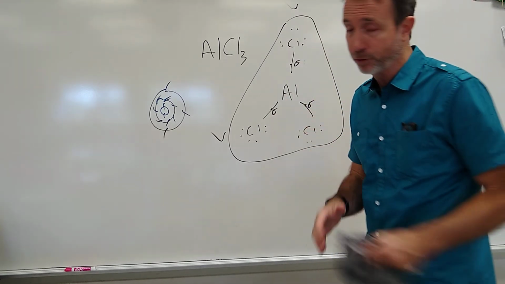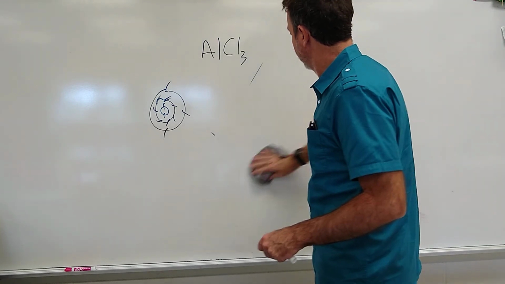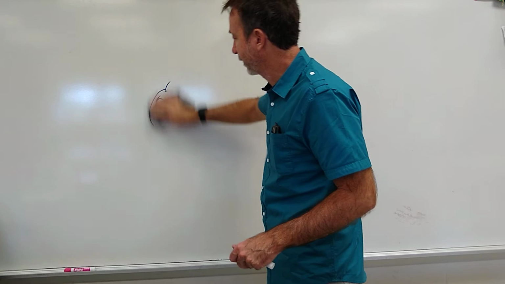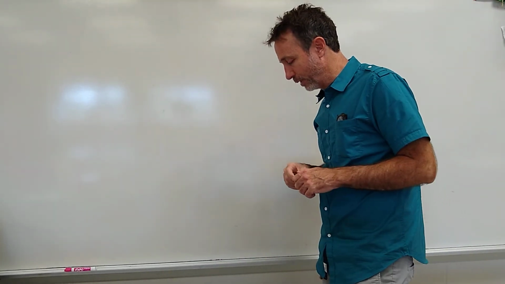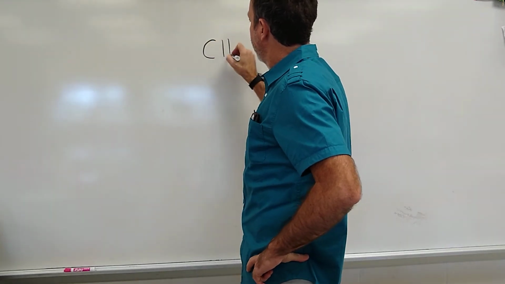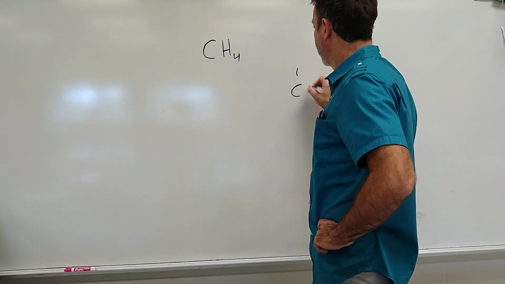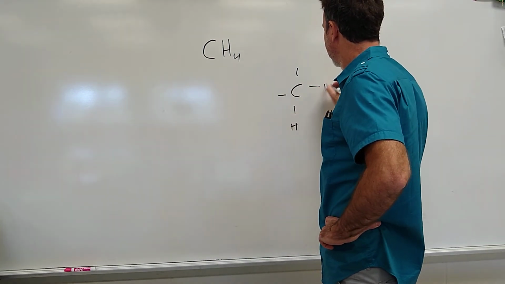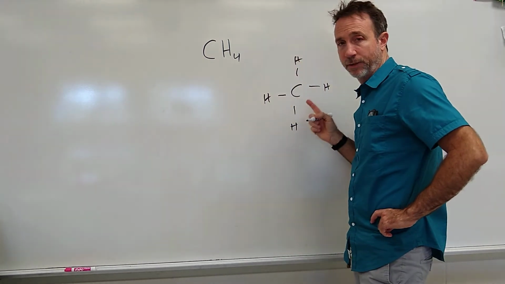I'm only going to go over one more shape because we're trying to go pretty quickly. How about we do methane, carbon tetrahydride. That shape ends up being like this. It is obviously nonpolar.